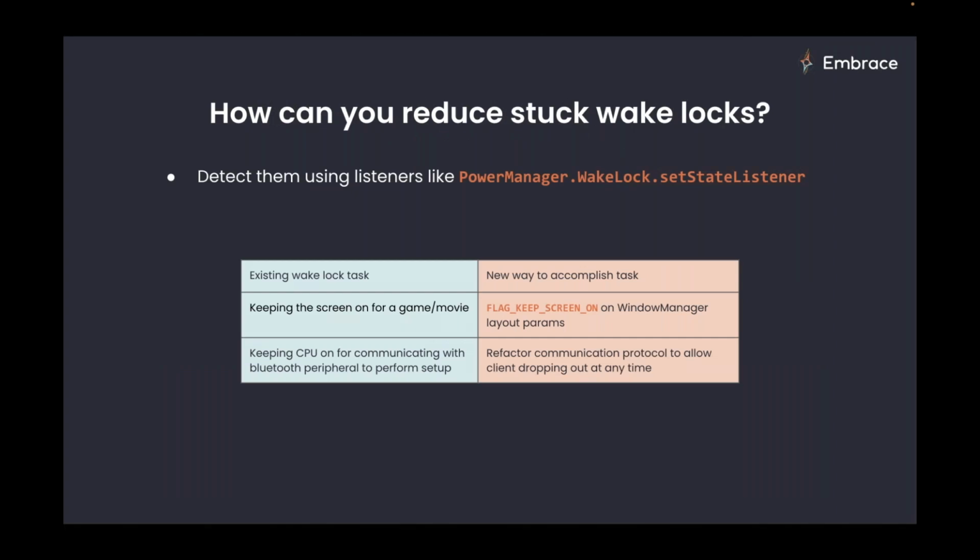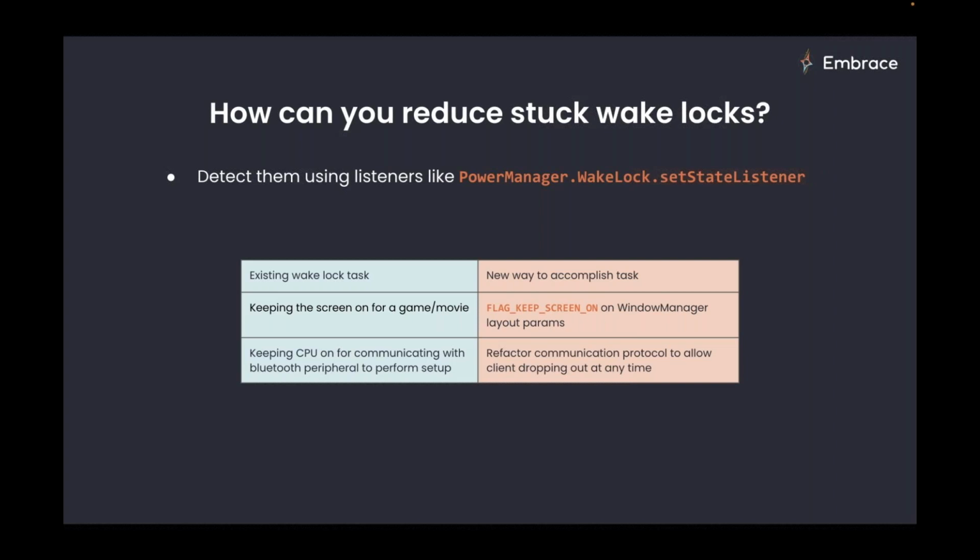There's a couple of ways where you can try and reduce stuck wake locks. So there's APIs in the PowerManager interface, which allows you to detect when a wake lock is actually taken out via a callback. And we've got a few examples here of things which might be using wake locks in your application.